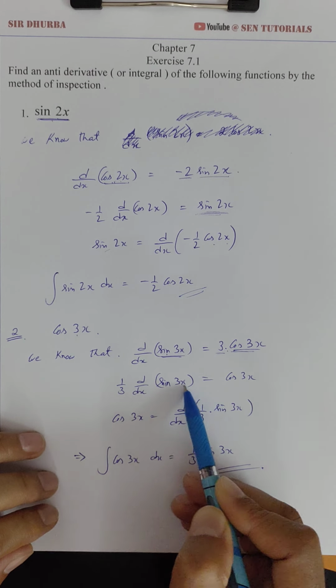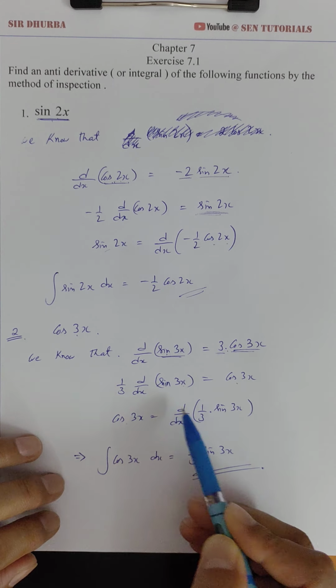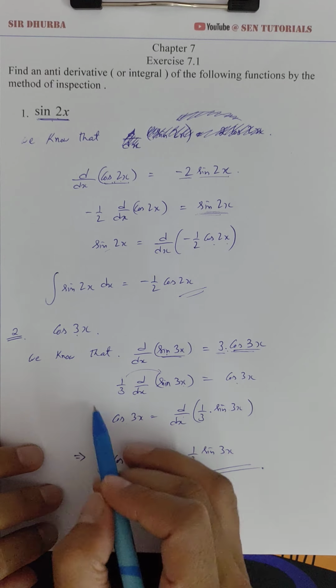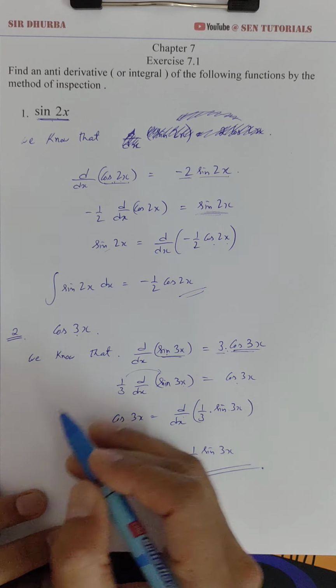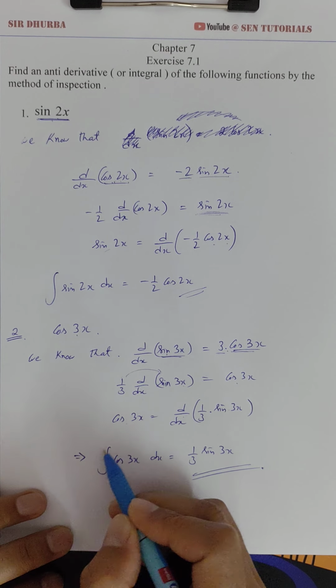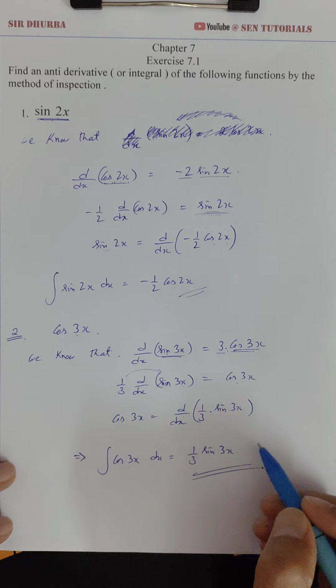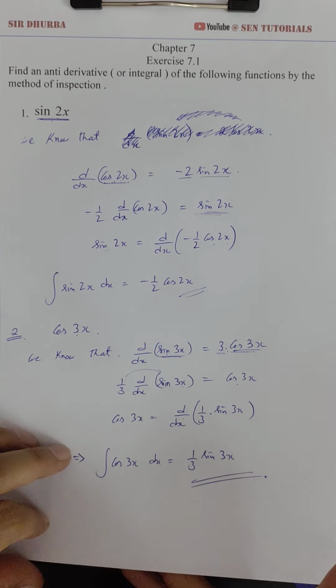Cross multiplying, I get cos. Changing the sides, cos of 3x is equal to the derivative of 1 by 3, I'll just take it inside. So that means now the antiderivative, the reverse process. If you go for the reverse process, this one becomes integration. So the integration of cos 3x with respect to x is 1 by 3 sine of 3x. Of course, we will be writing plus c, but that is when we do our usual integration.